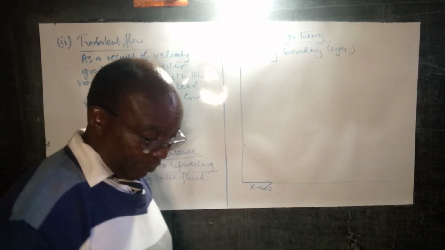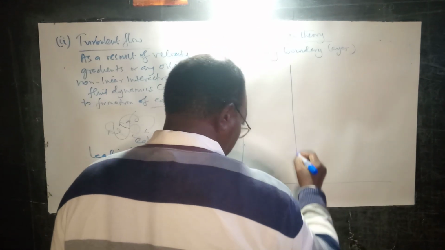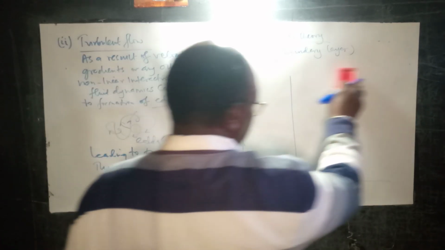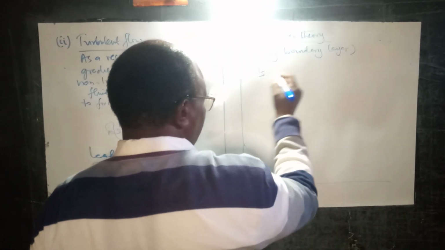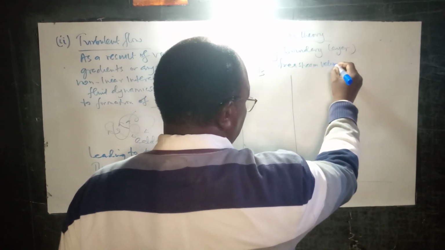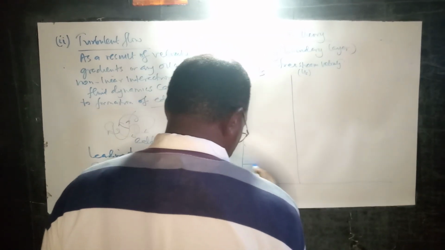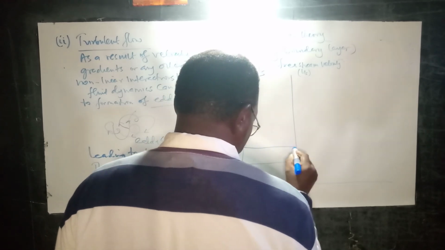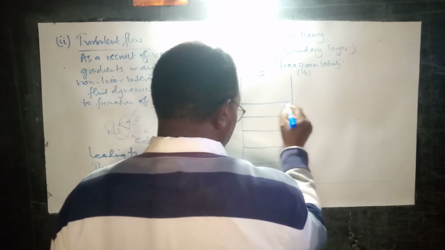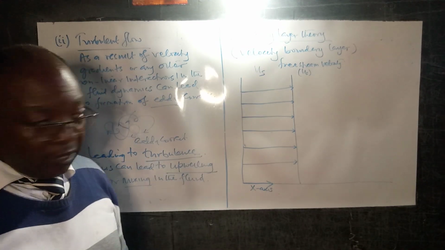We have our surface. And of course, we have the free stream velocity. So we have our fluid flowing. And it has the free stream velocity, which we call U infinity.